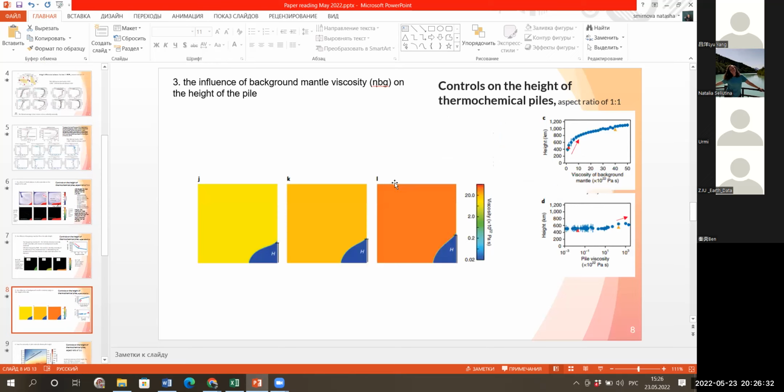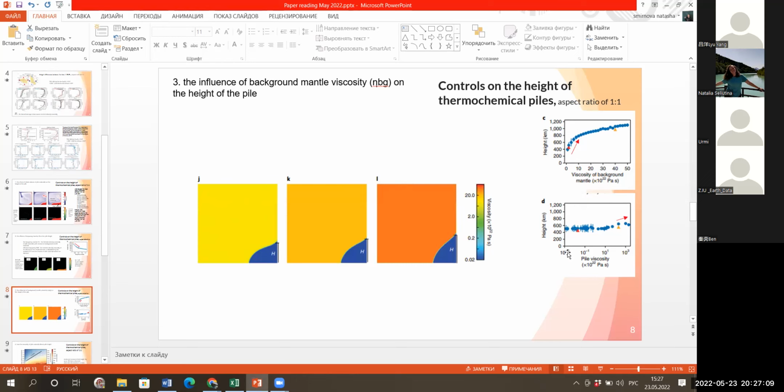Next, they investigated the influence of background mantle viscosity on the height of the pile and found out that the height of the pile increases when the viscosity of the mantle increases. Here you can see it pictured on this graph, and we can see that the effect becomes weak when the viscosity of the surrounding mantle is larger than 10^23 Pascal seconds.